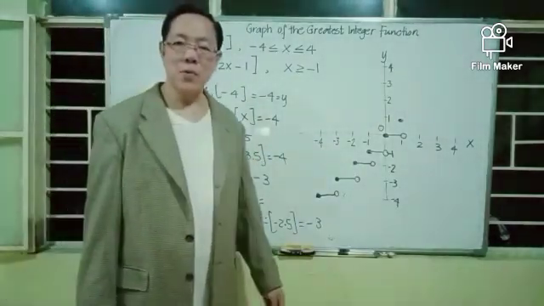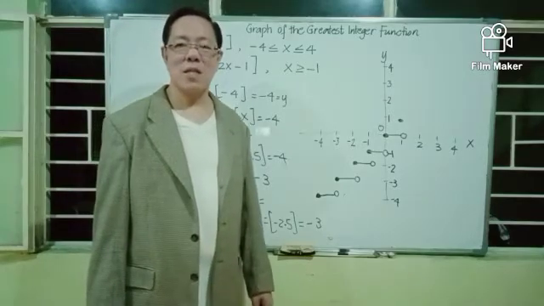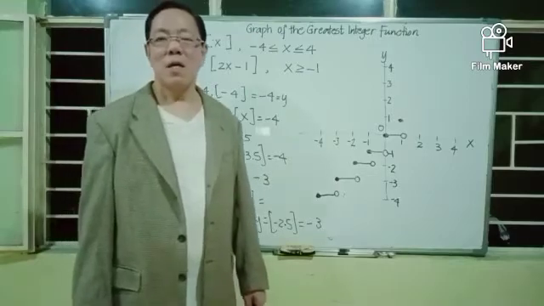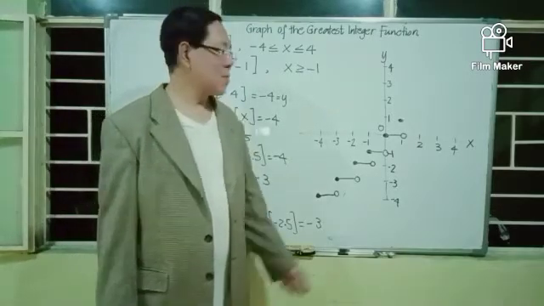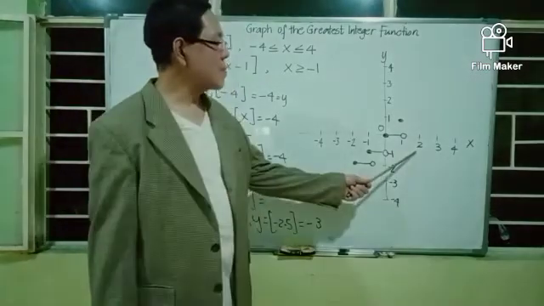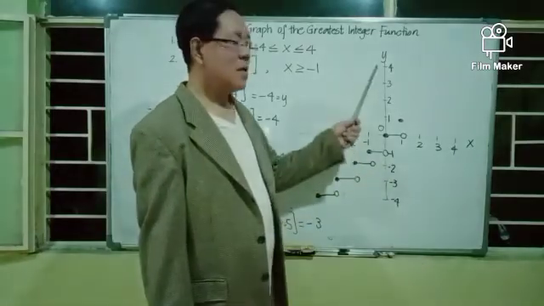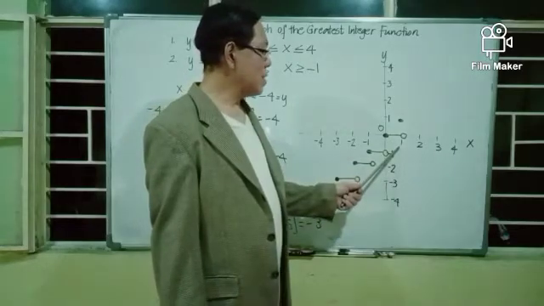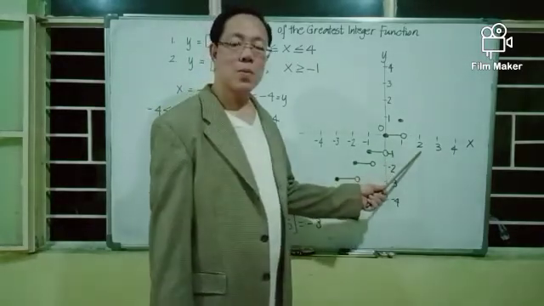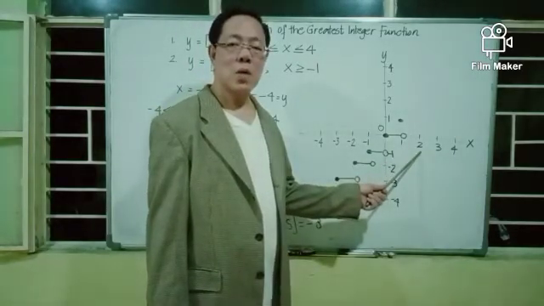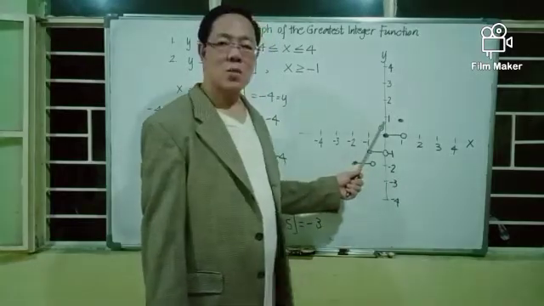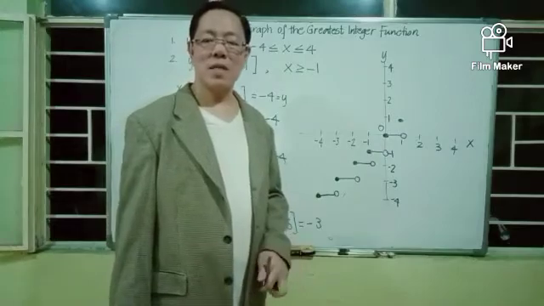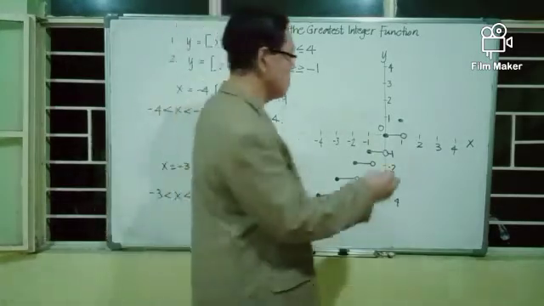And the floor of 2 is the greatest integer less than or equal to 2. And that integer is 2. When x is 2, the value of y is 2. But if x is between 1 and 2, not including 2, the value of y is 1. And that is indicated by this line.